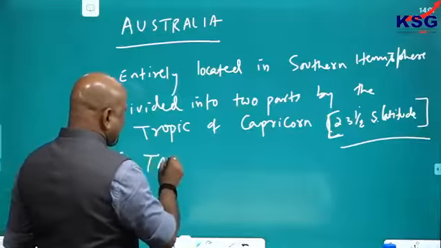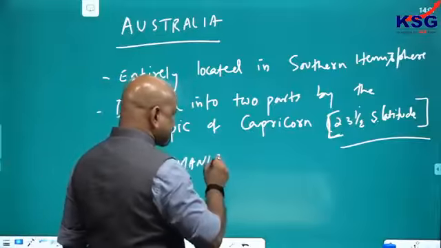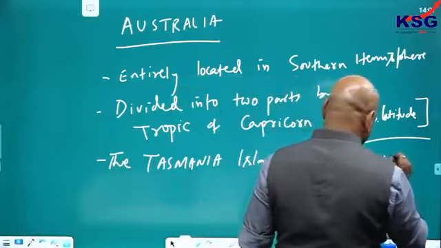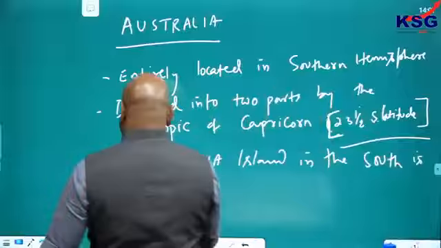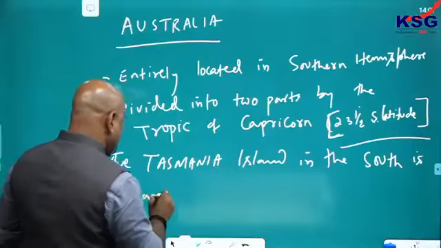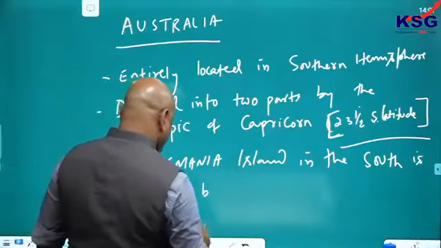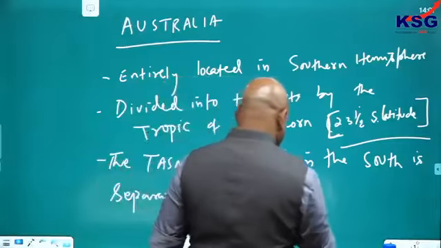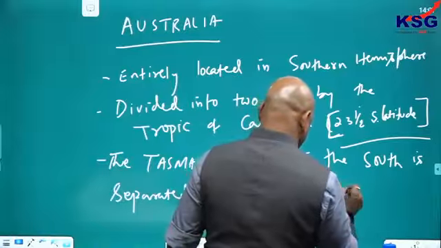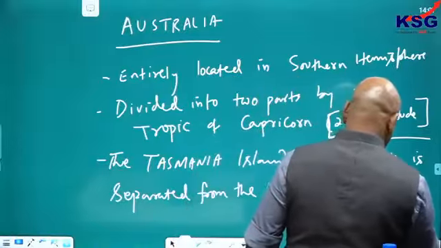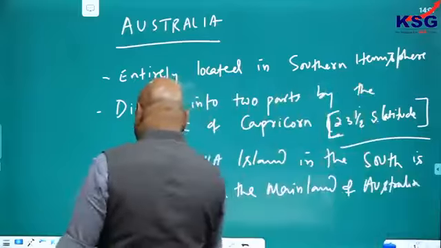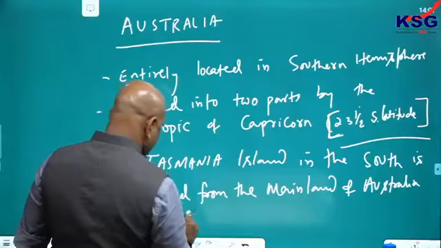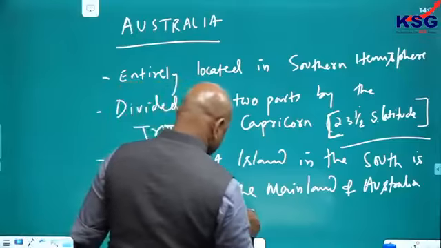The Tasmania island in the south is separated from the mainland of Australia by the Bass Strait.